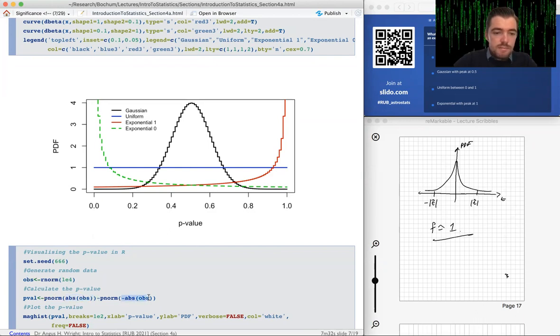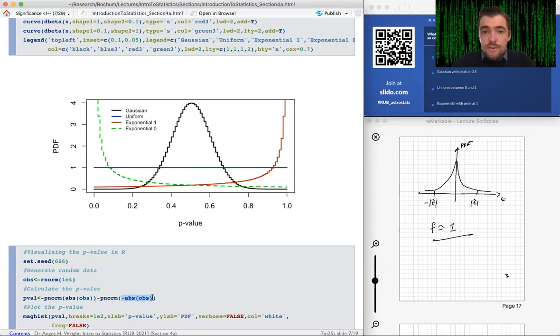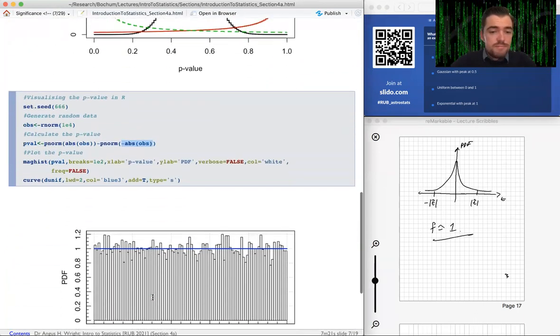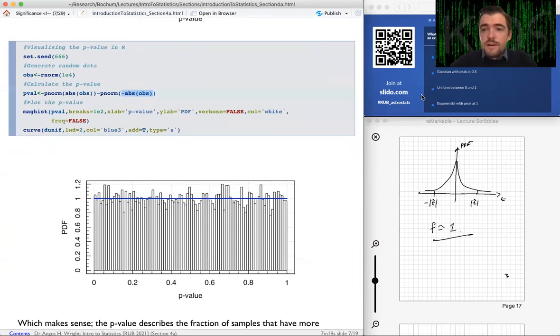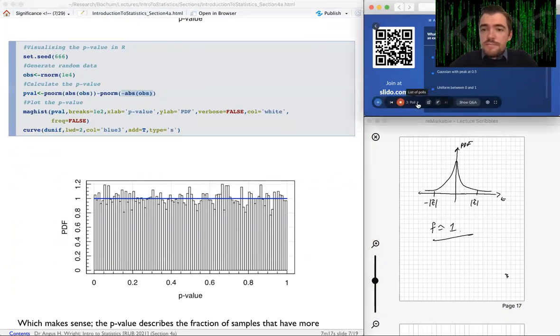And when you calculate that and put all the p-values into a histogram, this is what you get. So let's see how you did.